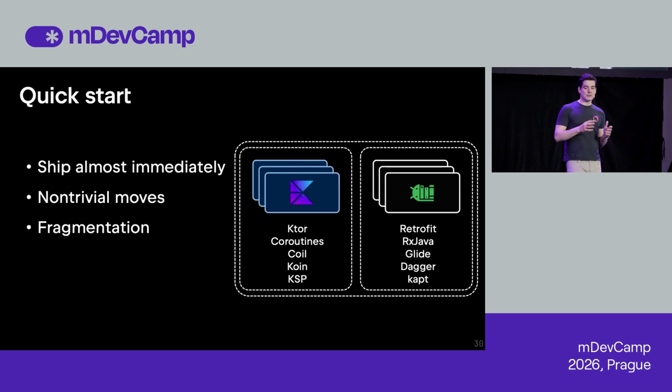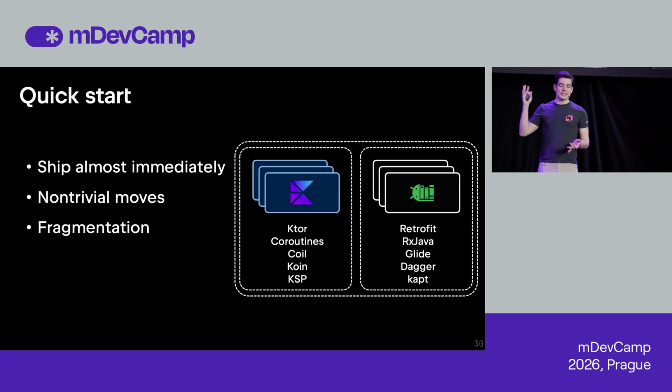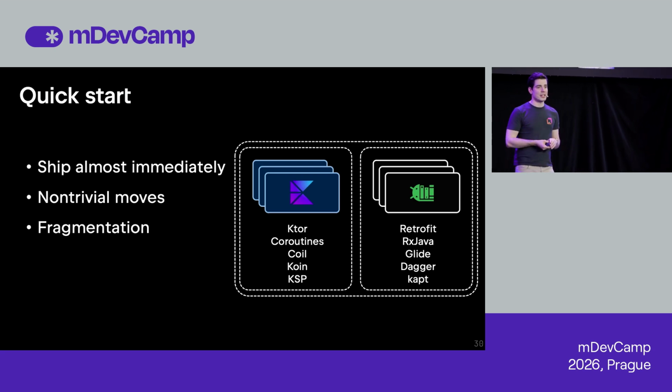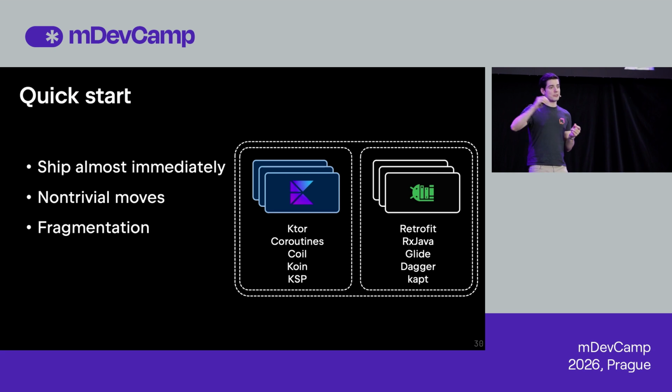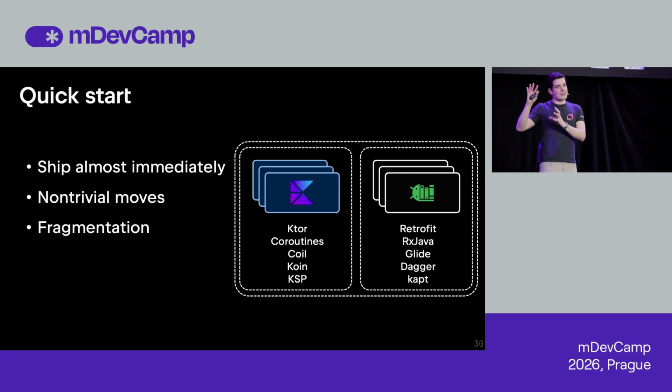You might also introduce fragmentation, because as you're moving files over, maybe you'll find yourself migrating usages of Android libraries. For example, if you're using Dagger or Glide or something like that in your Android code, as you start moving bits of your code to multi-platform, you'll have to replace those with multi-platform solutions. So you might end up in this universe where you have a bunch of Android libraries and you have a bunch of Kotlin multi-platform libraries, and they're on a different stack.